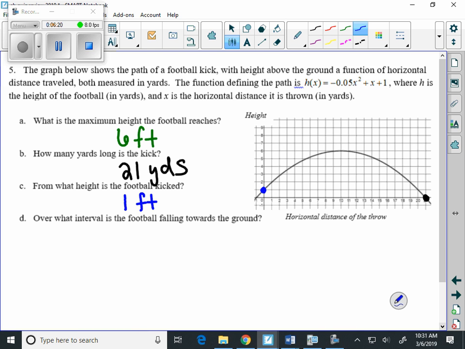Over what interval is the football falling towards the ground? Now we know this value here. It's falling to the ground from here to here. So it's going to be in between two values. The x value of this green point is 10. When the football lands on the ground, it's at 21.